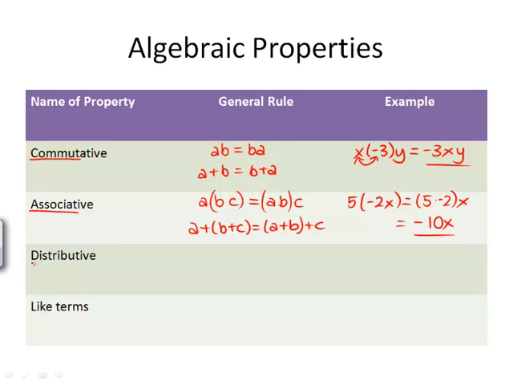The next property you can use is the distributive property. This takes multiplication over addition. So say you had a times b plus c. You had a groups of b and c. Therefore, you had a groups of b and a groups of c.